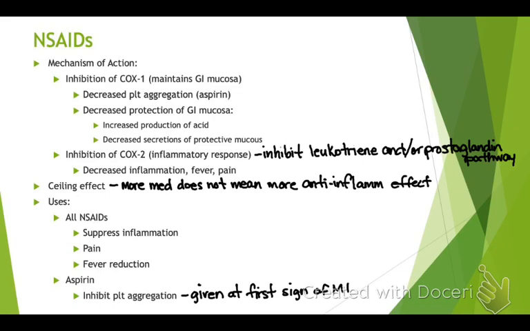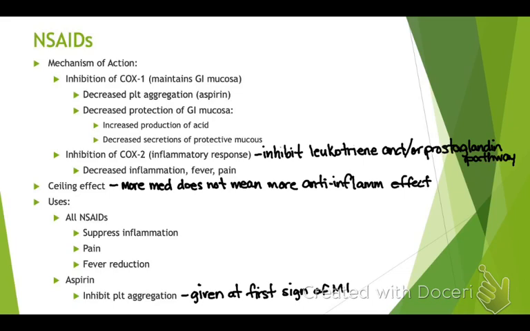The other mechanism of action is an inhibition of COX-2, which is the inflammatory response itself. These inhibit the leukotriene and or the prostaglandin pathway. These will decrease inflammation, fever, and pain.